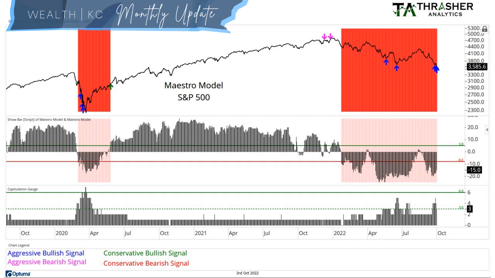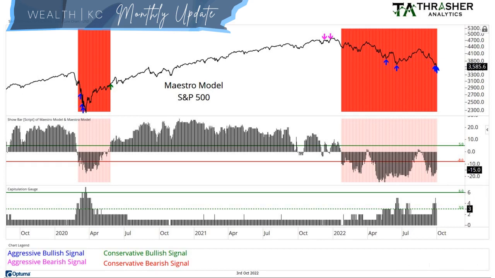Now, if you look at the bottom, it has a capitulation gauge, which asks, is the market exhausted? We have not reached the number of 6 that it's looking for. If you look on the left-hand side, when you get that 6 on the capitulation gauge, it's a much stronger indicator that the market's exhausted from going in the direction it was going, and it's time for a reversal.